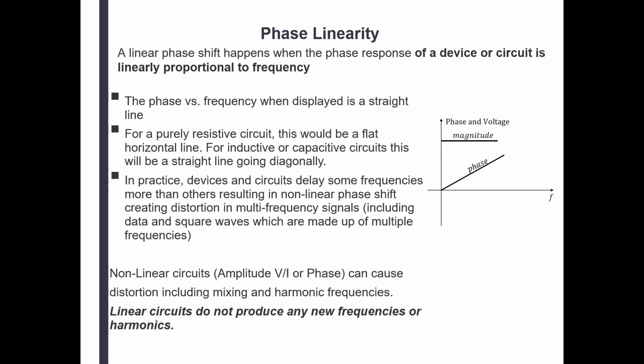So instead of calling it resistance, we're calling it reactance, which is basically reactive resistance. So for inductive or capacitive circuits, this will be a straight line going diagonally. And capacitors or coils may respond in the opposite way, but nevertheless, you're going to have a straight line.